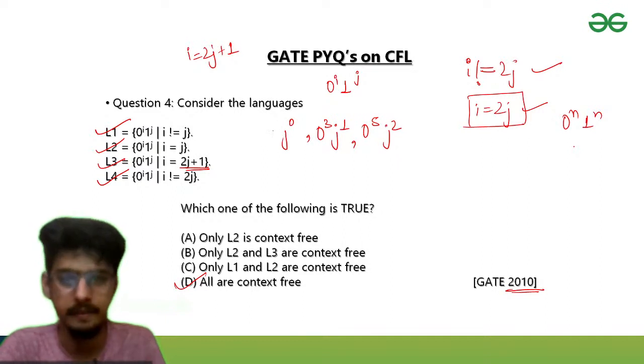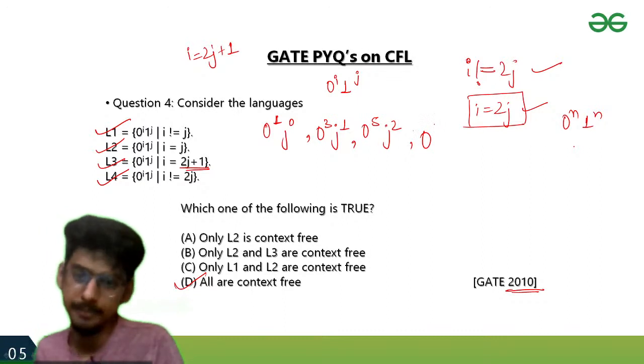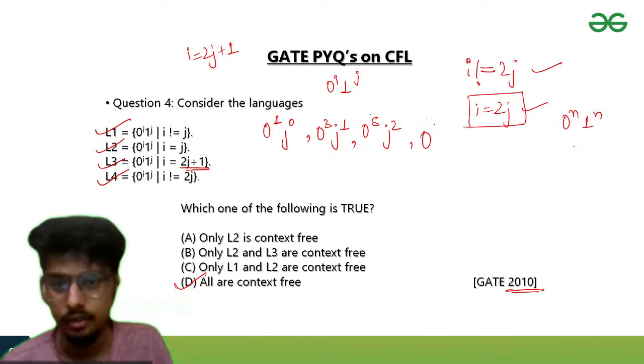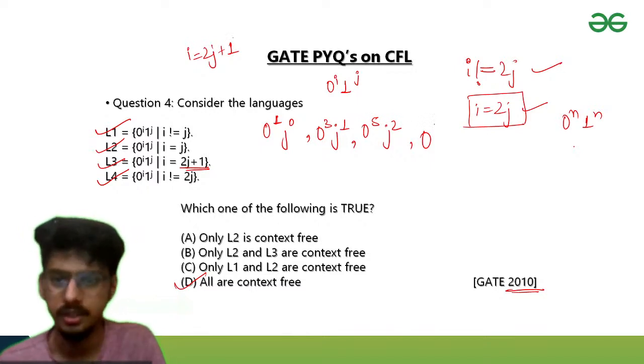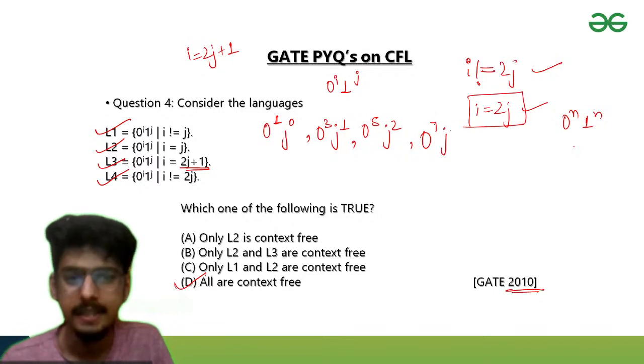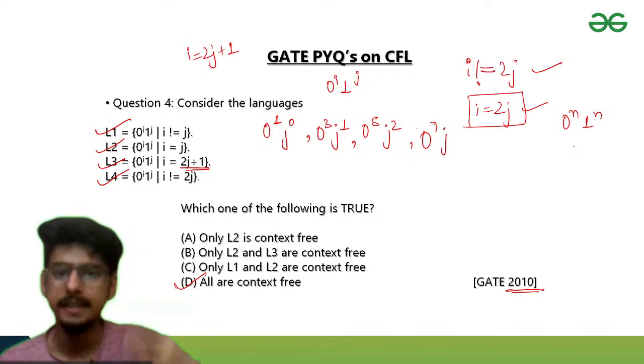Okay, C was for the previous question. Then for j equal to 3, you will have 2 into 3, which is 6, plus 1, that is 7. So basically the number of 0s will increase by 2.